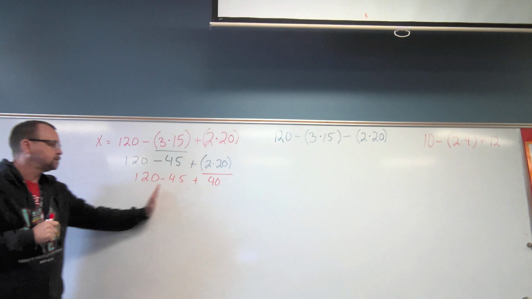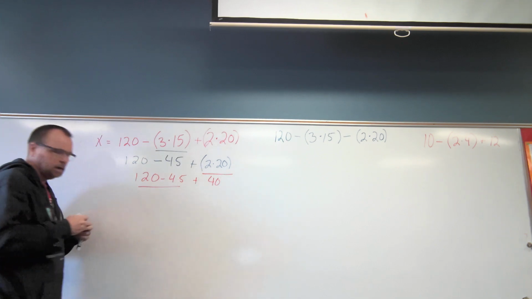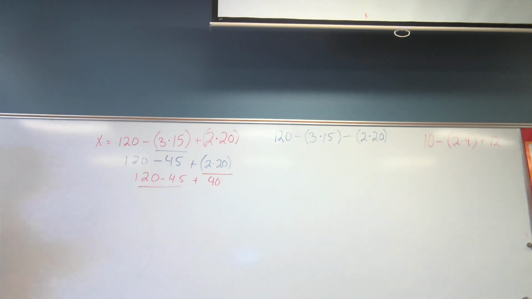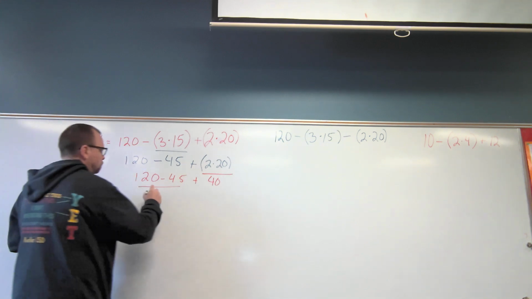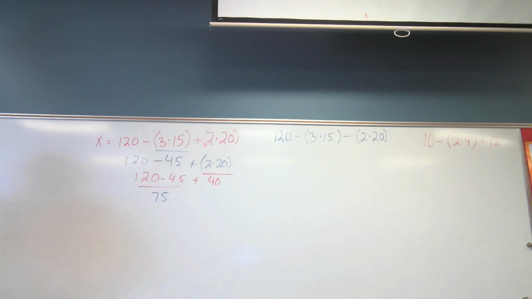Subtraction and addition are the same step. So I work from left to right on that. Work from left to right. Susankia, what is 120 subtract 45? 75. We're all agreeing, right? Yeah.